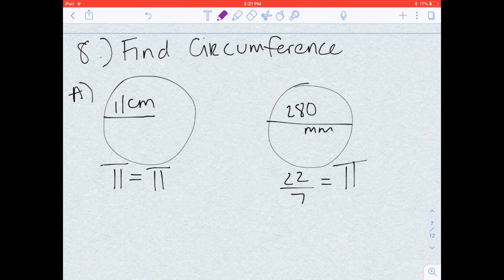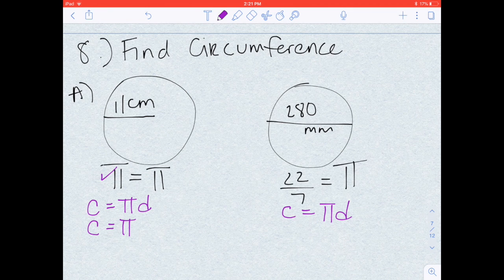For number 8, they ask us to find the circumference of both of these circles. Well, to do that, I need to remember my formula, which is circumference equals pi times diameter. So for letter A, circumference is going to equal pi, because it tells us to use pi for pi.